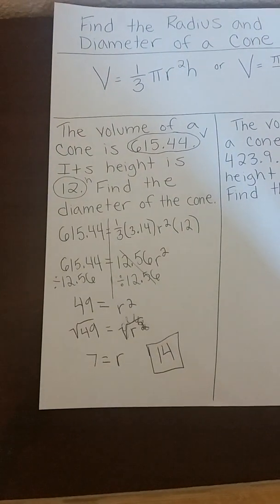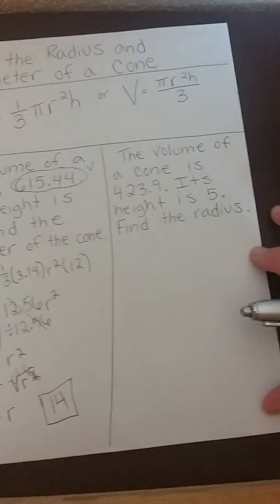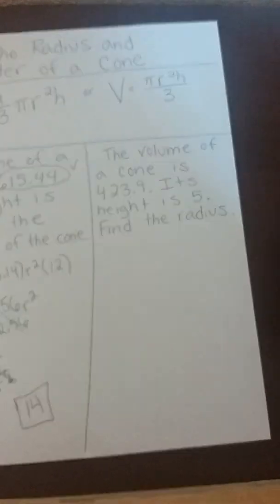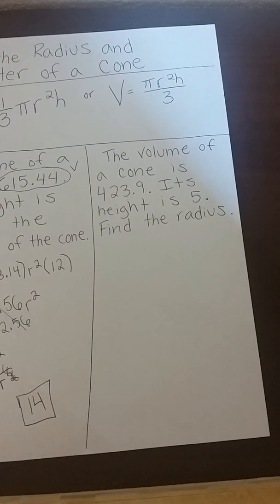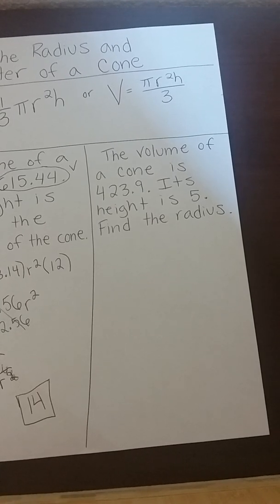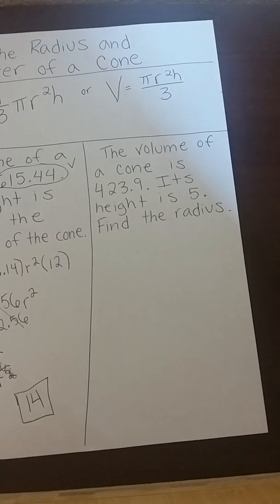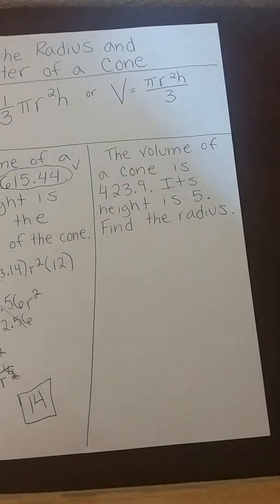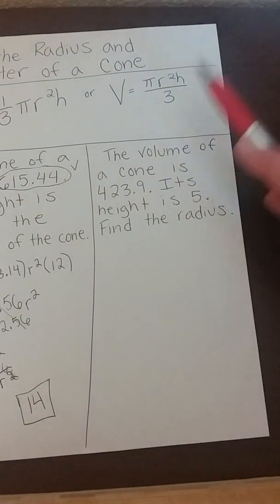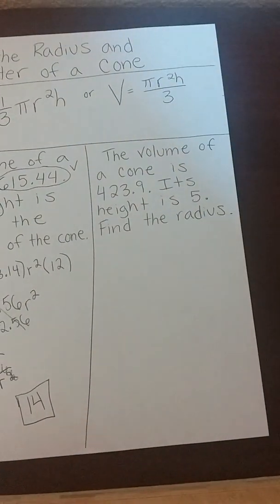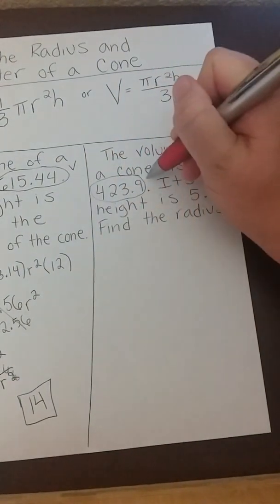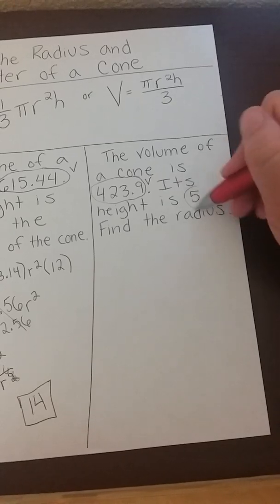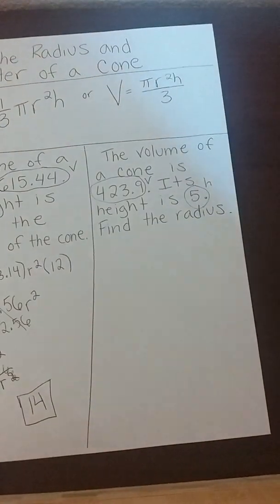Let's go ahead now and look at our second example. So the second example says, the volume of a cone is 423.9. Its height is 5. Find the radius. So here I'm looking for the radius, and I'm going to use this example and this formula. 423.9 is the volume. Height is 5, so that's h.